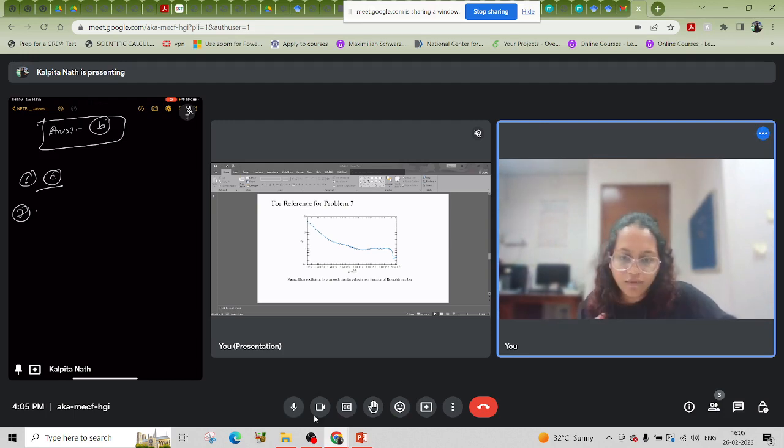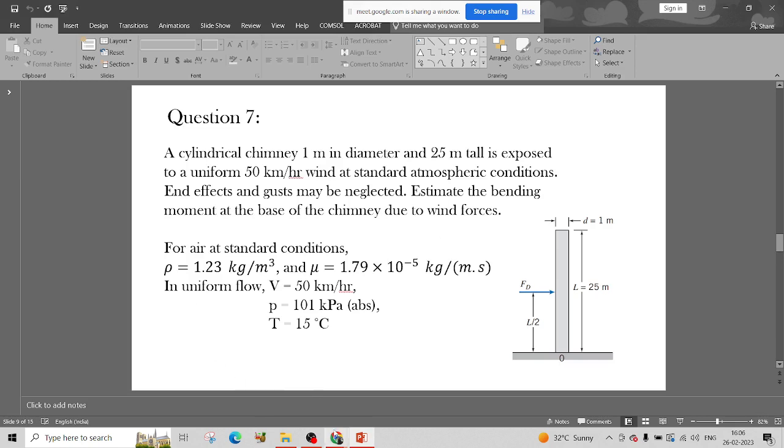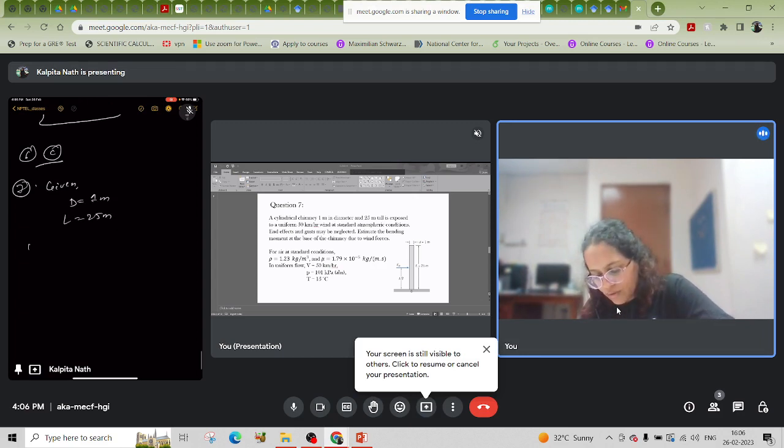So we'll start with the solution of this question. Okay, so what is said here is that dia is 1 meter and length is 25 meter, right? So in a uniform flow with the velocity of 50 kilometer per hour, right?